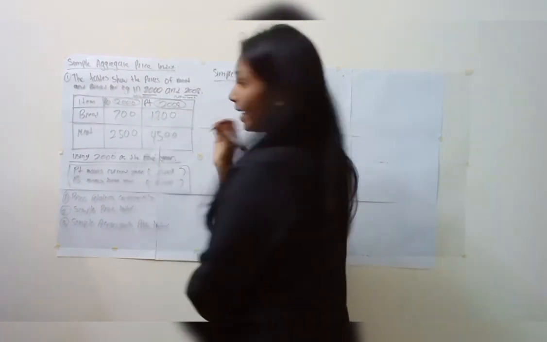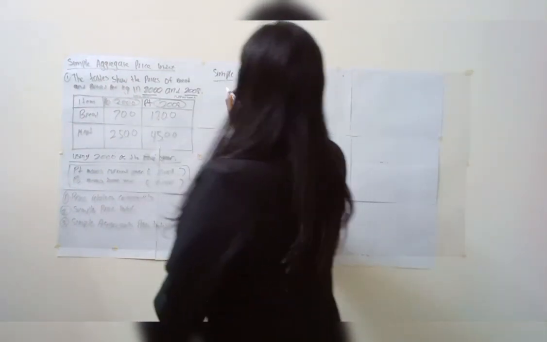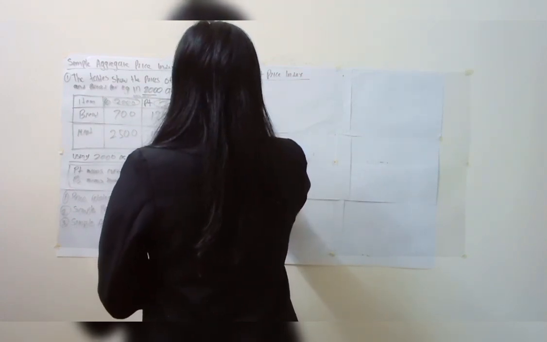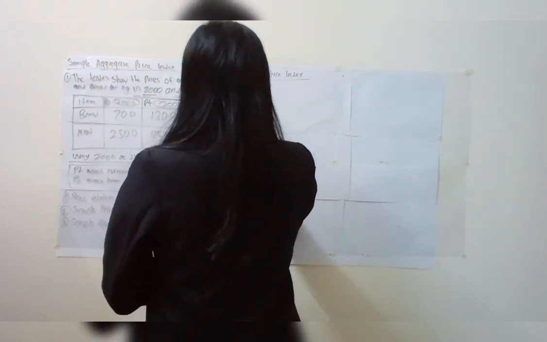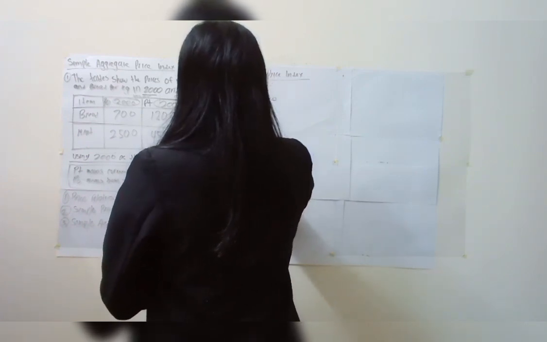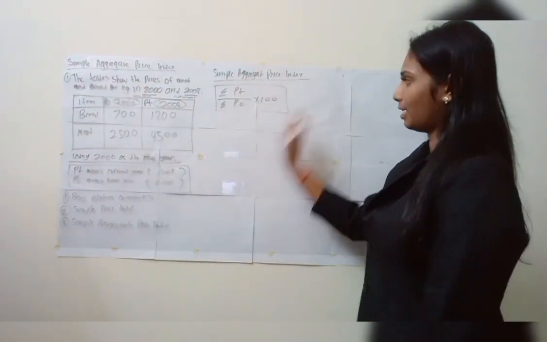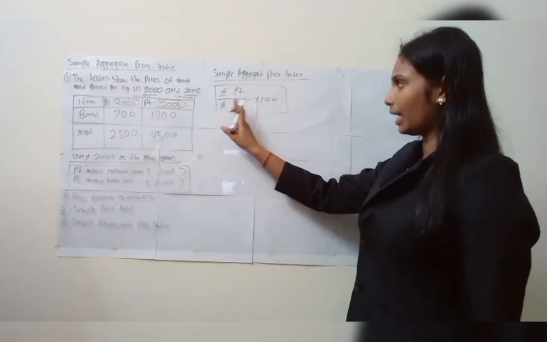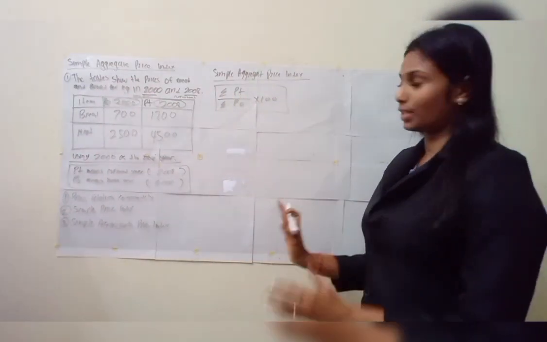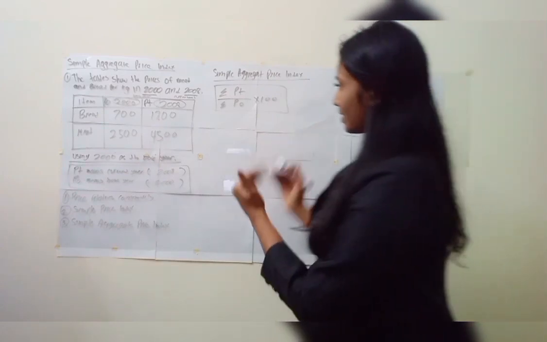The formula is summation PT divide summation PO times 100. So this is the formula for simple aggregate price index: summation PT divide summation PO times 100. So easy. Okay, let's start it.